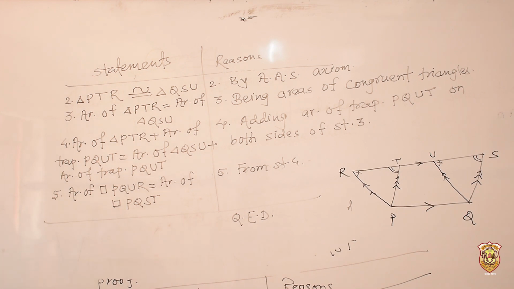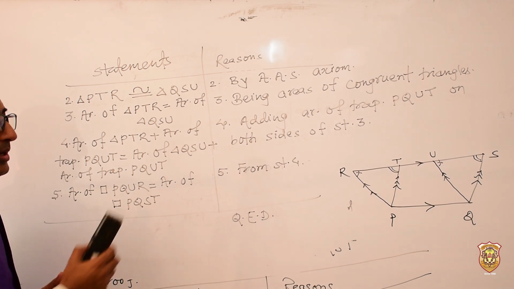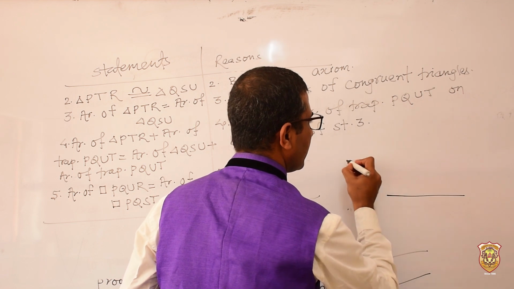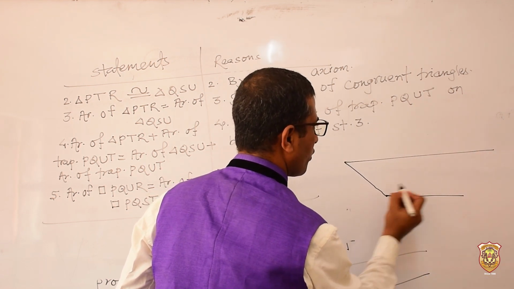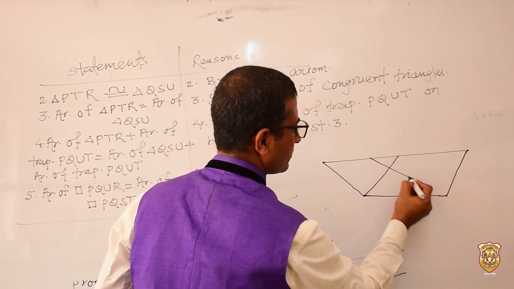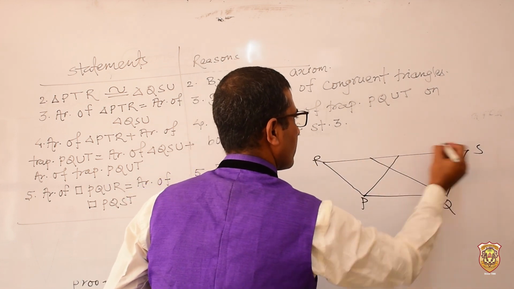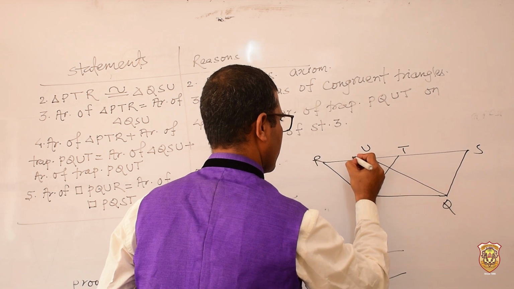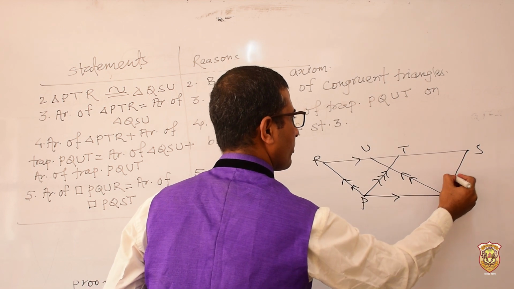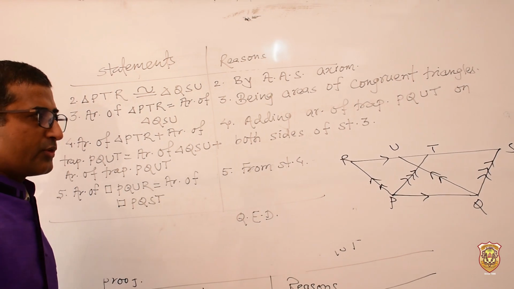In this theorem, some changes can be done. Exactly the same thing, but the figure can be changed. Suppose the figure is now drawn in this way. What changes can you see in the previous figure and this figure?